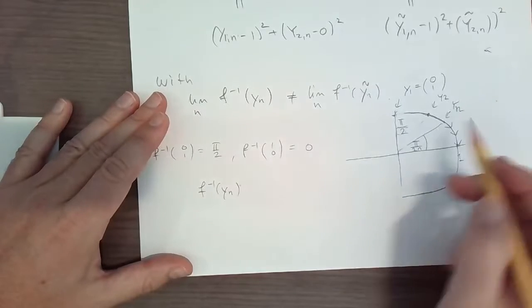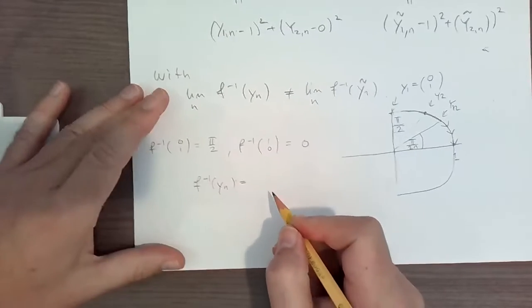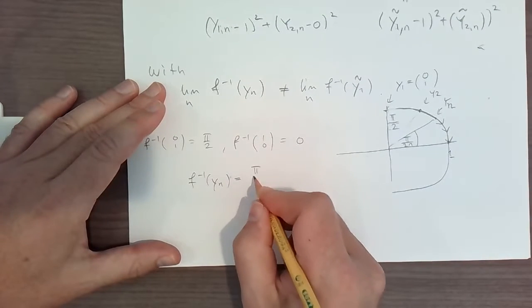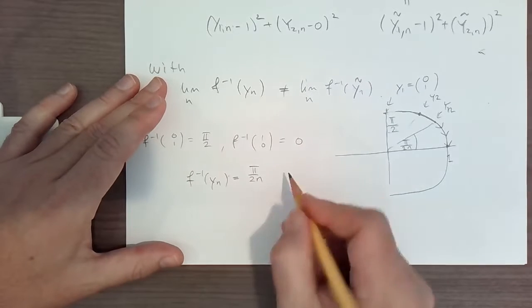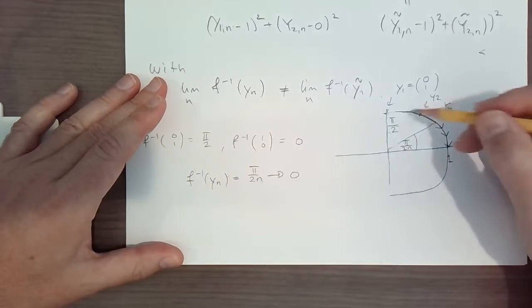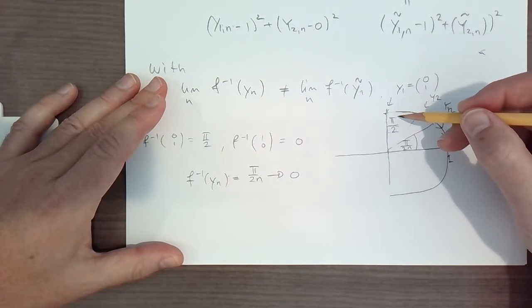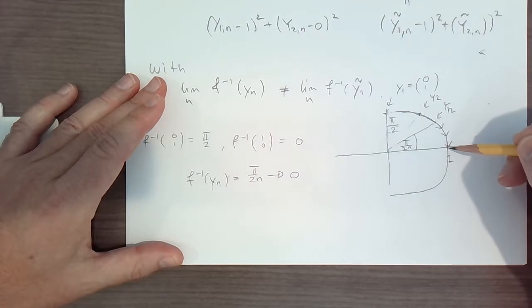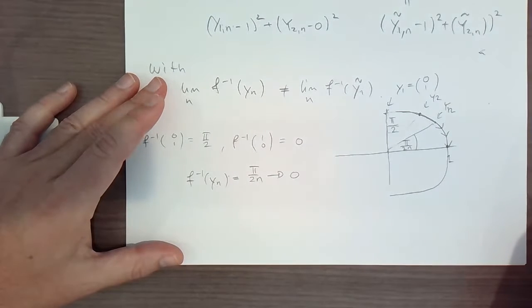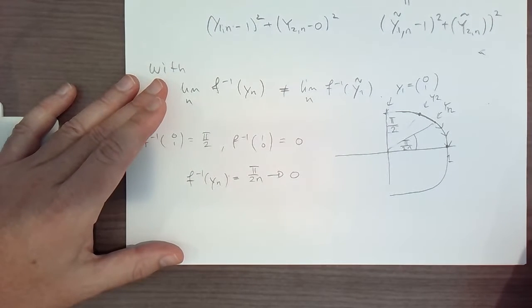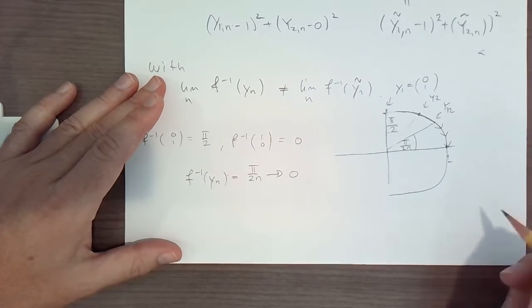This thing gets mapped to pi divided by 2n, so this converges to 0. You're moving along here, the angle gets smaller and smaller, and I'm going to end here. So that was one way to do it.